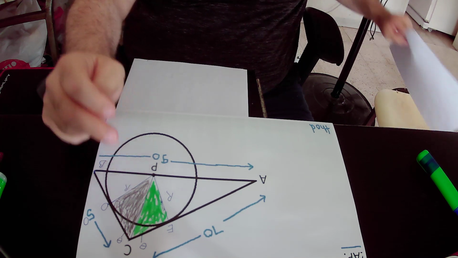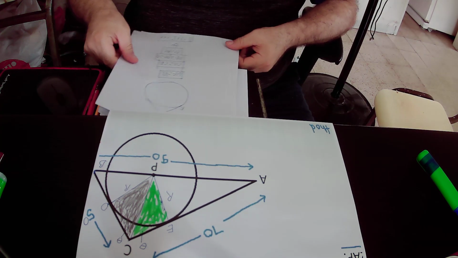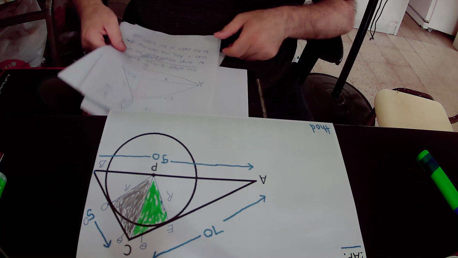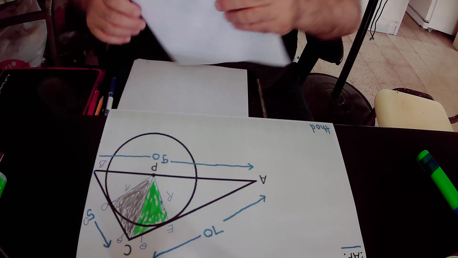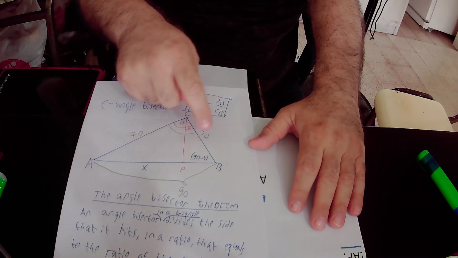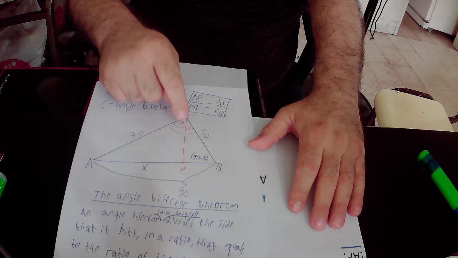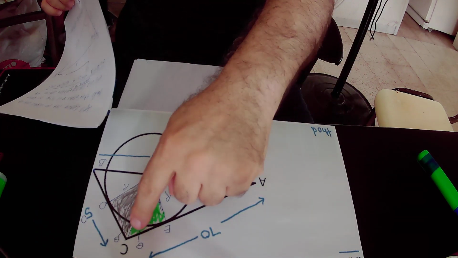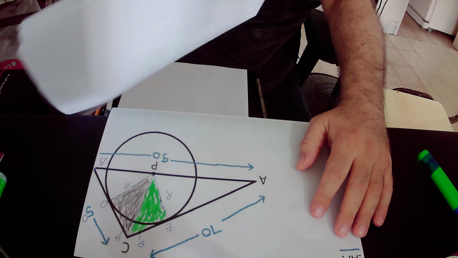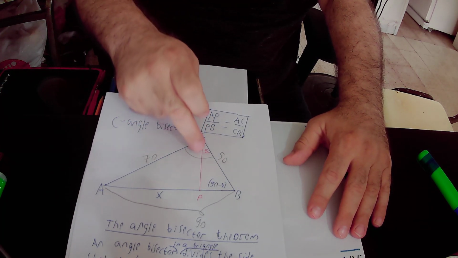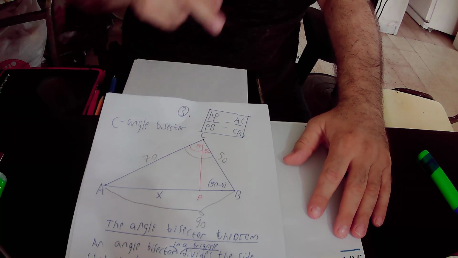And we draw triangle ABC again. Okay, so this is triangle ABC, and CP, as you can see here, I draw it here in red color.